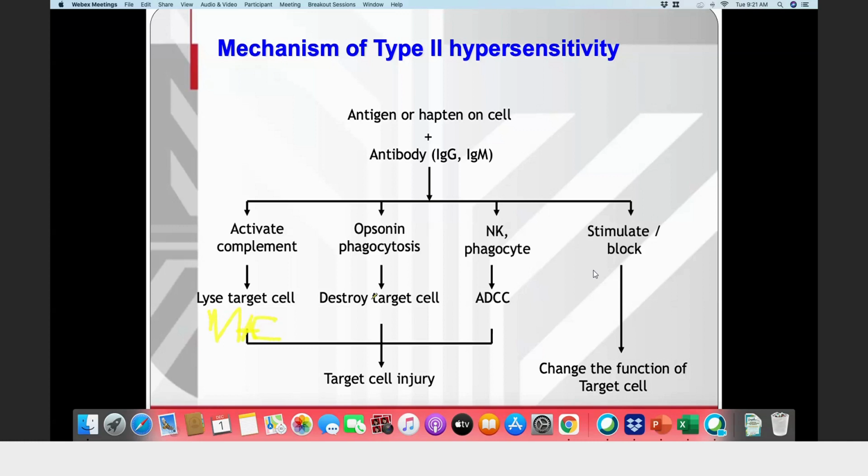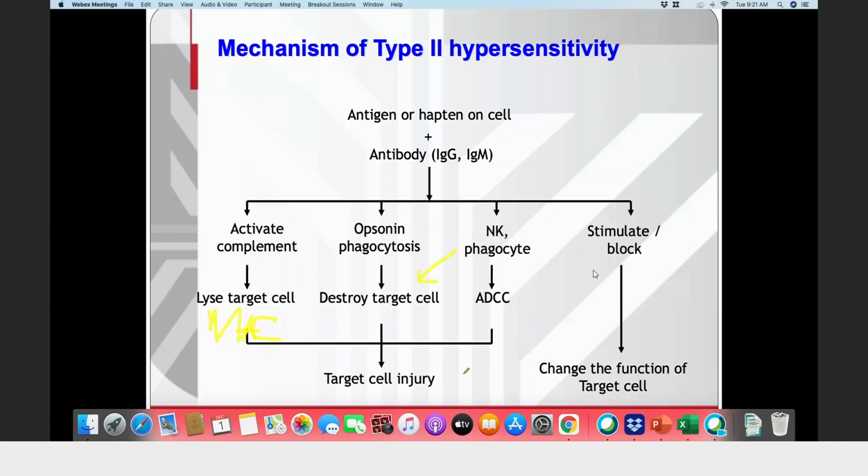And then the complement can also act as opsonin, and it will attract phagocytes, which will engulf the target cells. Now you have the NK cells just now that will cause ADCC, and also phagocytes, which can engulf, not really ADCC. So the phagocytes destroy the target cells. All of this will cause cell injury.